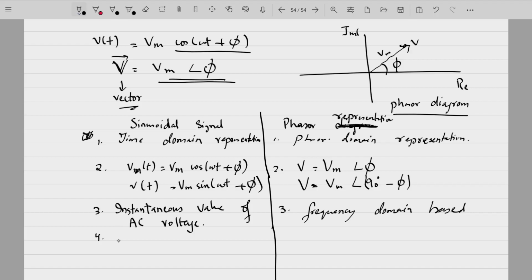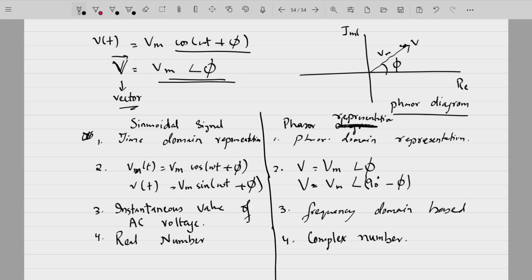ये जो Vt है, it is real. Vt is Vm cos of omega t plus phi. It's a real number. It is not a complex number. While V, the phasor representation, is a complex number. Fine.